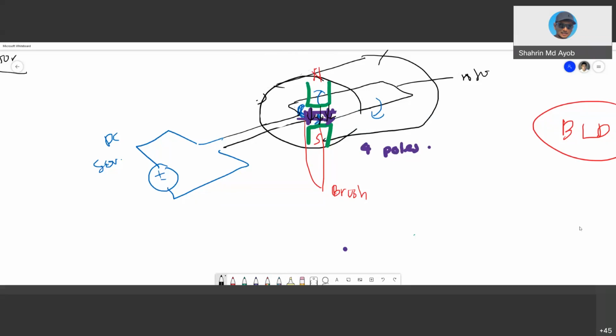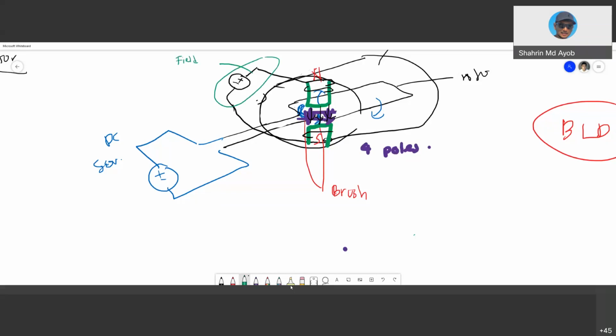So what we can do is wind a winding, and then we have another supply. The circuit that is used to produce the flux, what circuit is this?